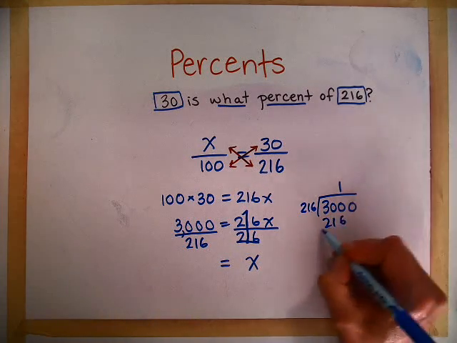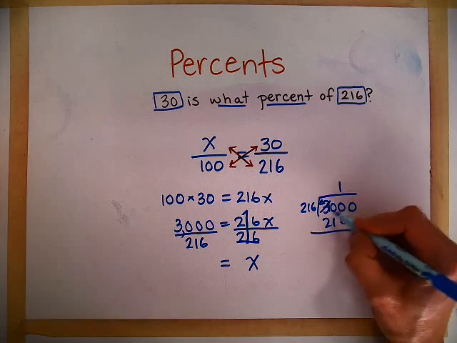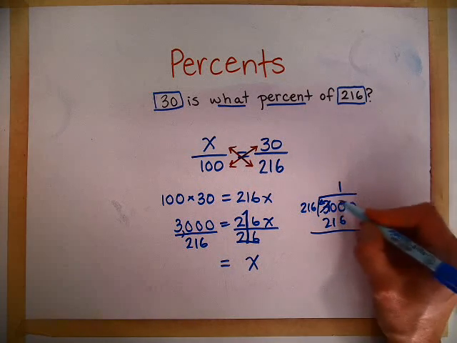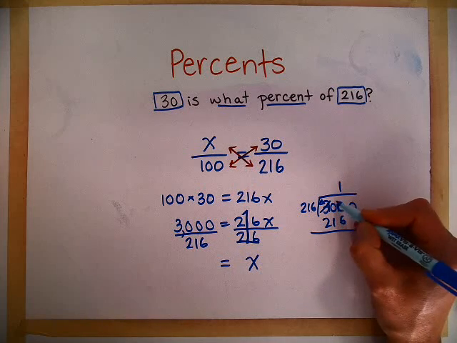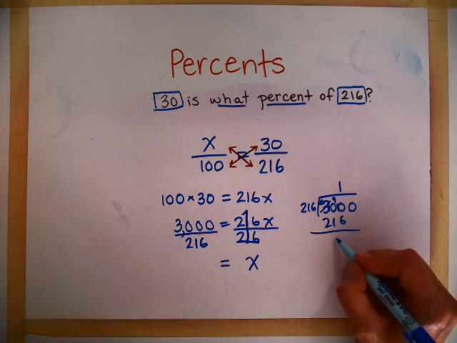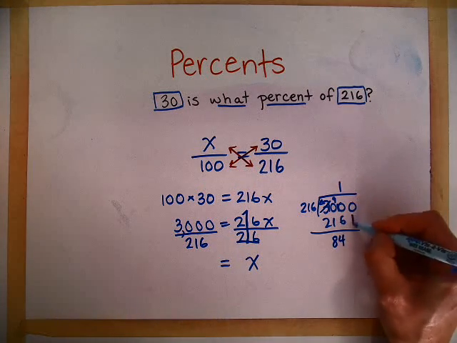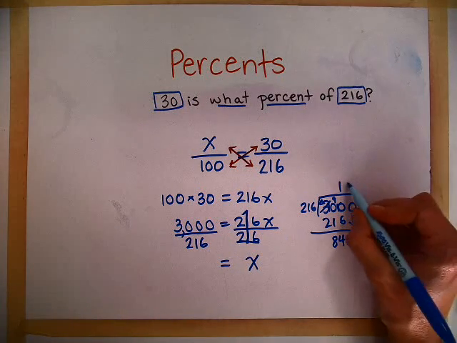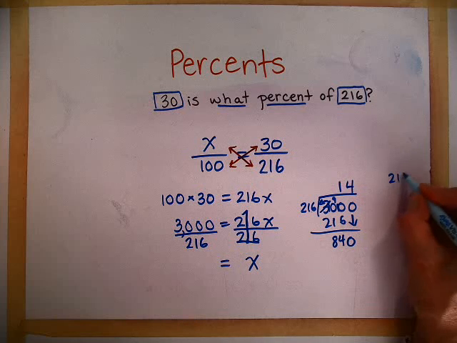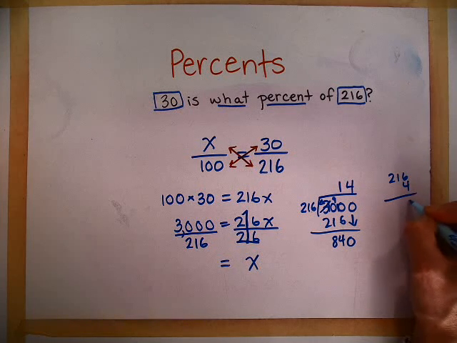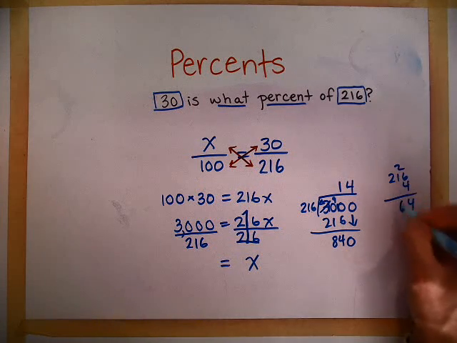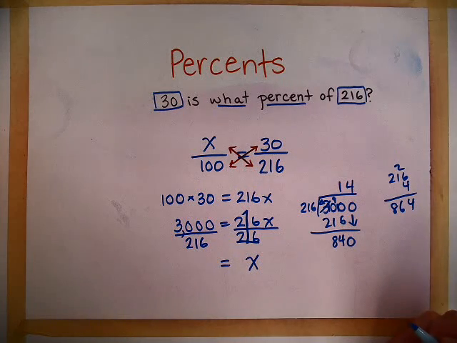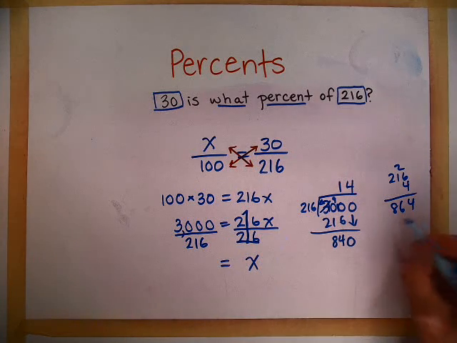once 216, and 2, I probably shouldn't do all this math because it probably takes too long. 84, then you always bring down, ooh, okay, I think that's 4. So 4, make sure, 216 times 4, yeah, oh, no, too much, so 3.